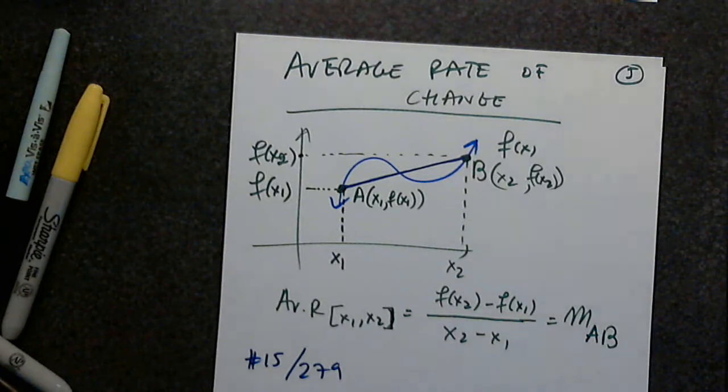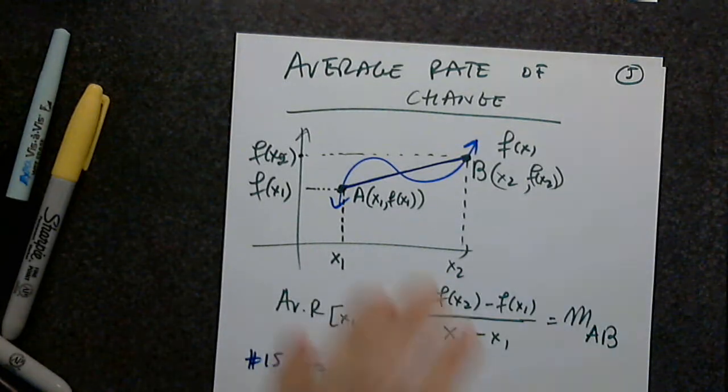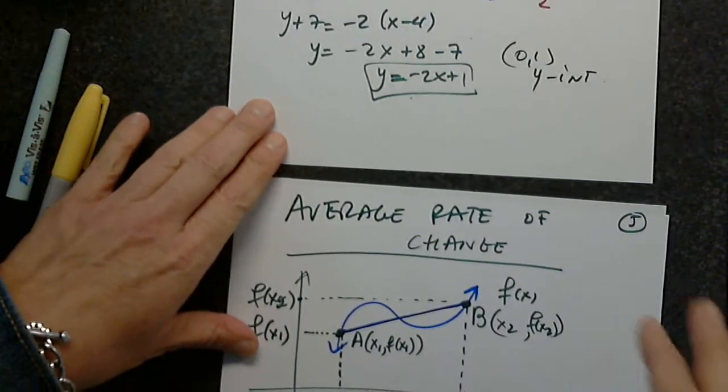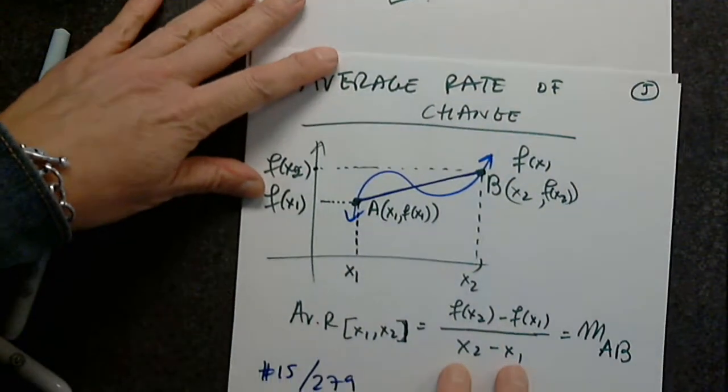Then I have to look at the time. That will be the x. And I have to look at the distance I am away from home, and subtract those 2 distances, and subtract those 2 time frames.